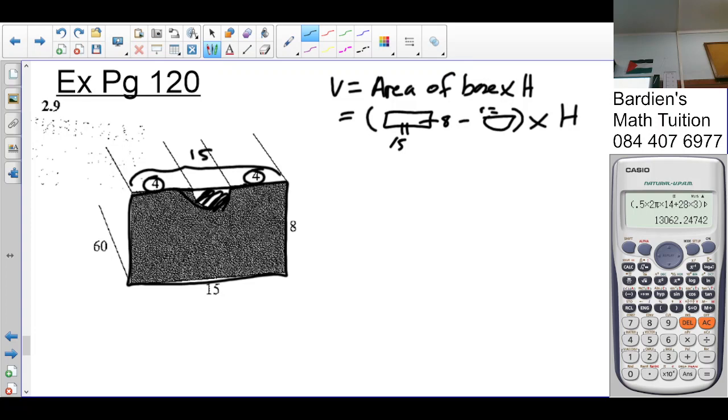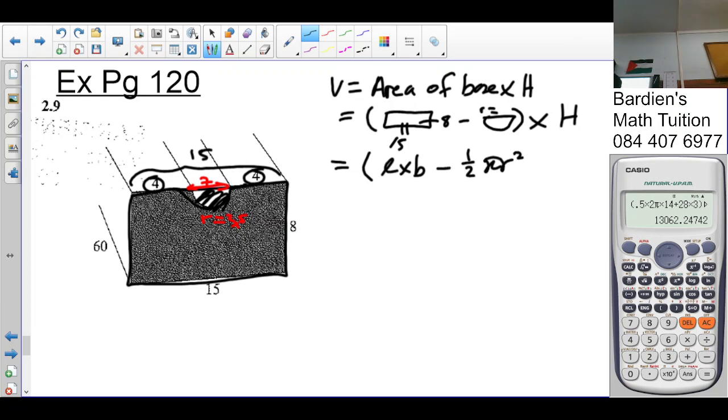So what are we left with? 7. So that is your diameter there, which is 7, not so? So what's the radius? 3.5. Okay, so that's going to give you area of a rectangle, length times breadth, minus area of a circle, pi r squared.